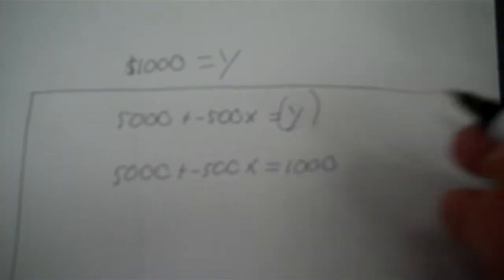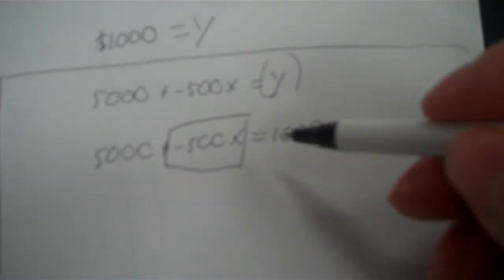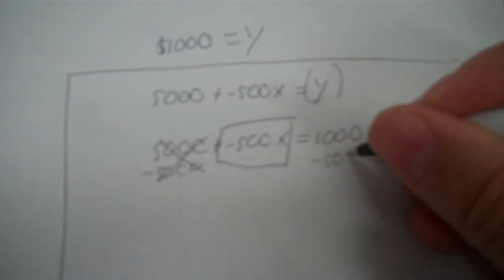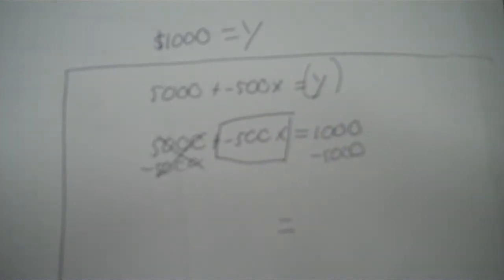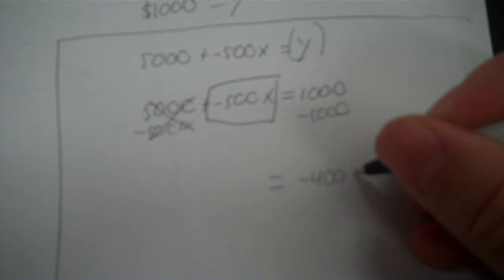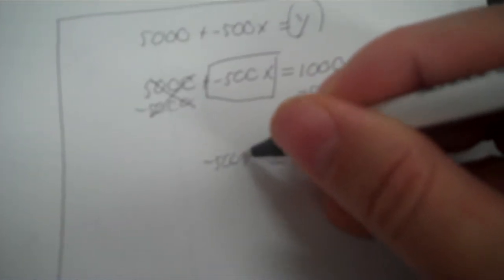And I box him up. So negative 550 is a coefficient. First, we need to deal with the 5,000. We're going to subtract that. So 1,000 minus 5,000 is actually negative 4,000. And over here we got negative 550 times x.